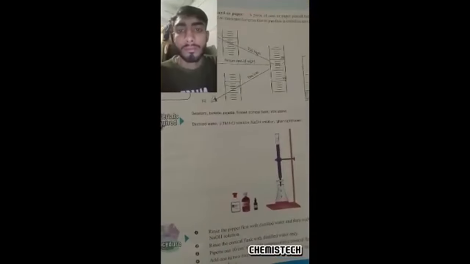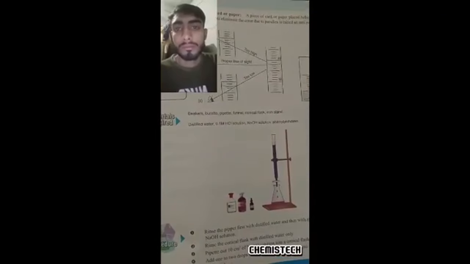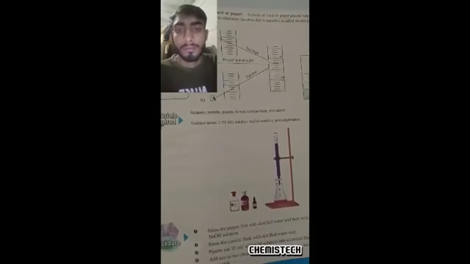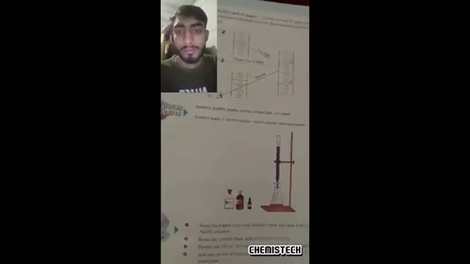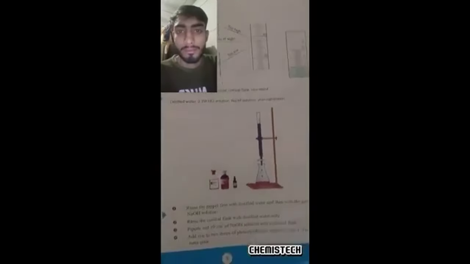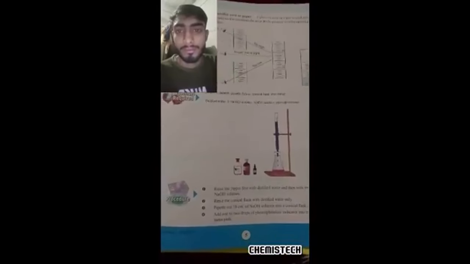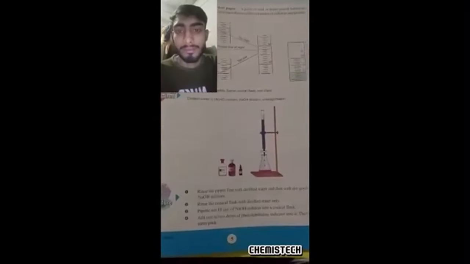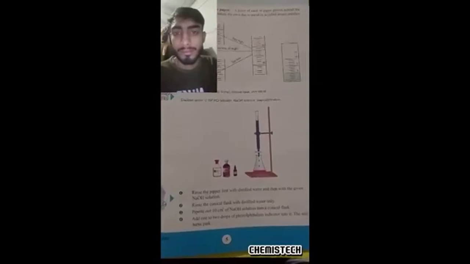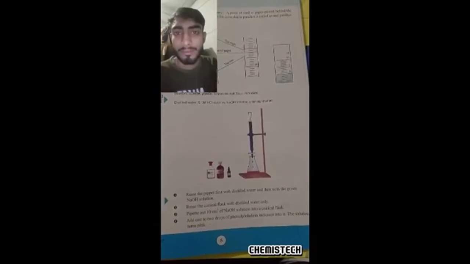Here: burette, pipette, funnel, conical flask, iron stand. Distilled water, 0.1 M HCl solution, NaOH solution. Here is a diagram about rinsing the pipette with distilled water.